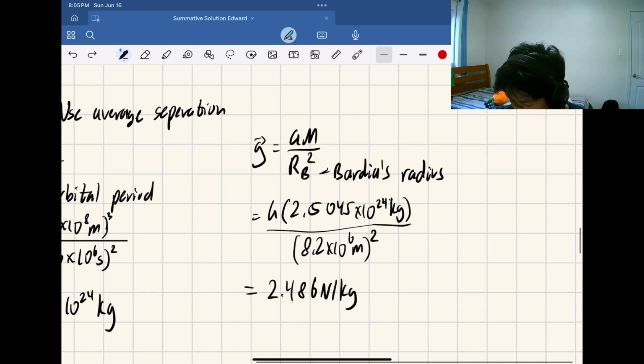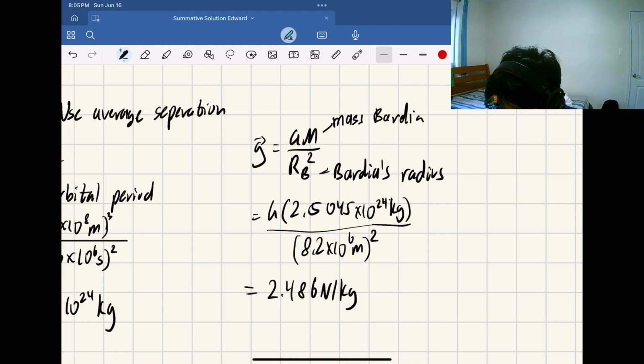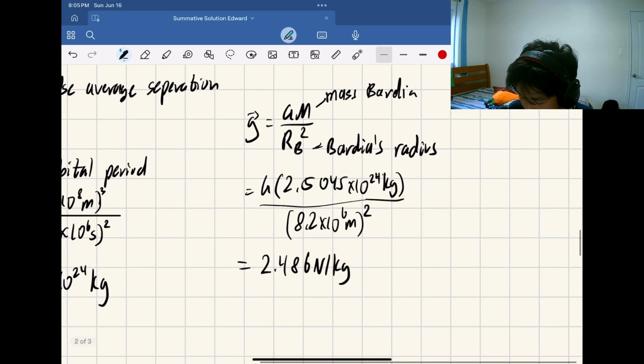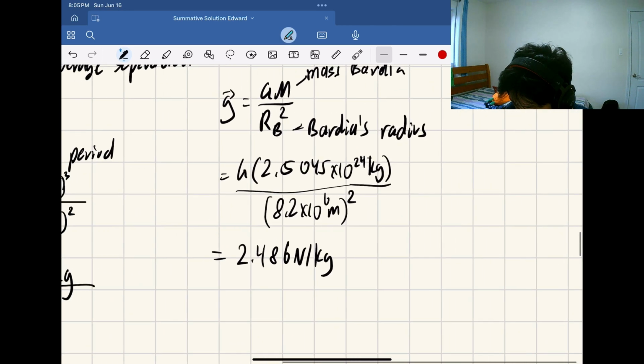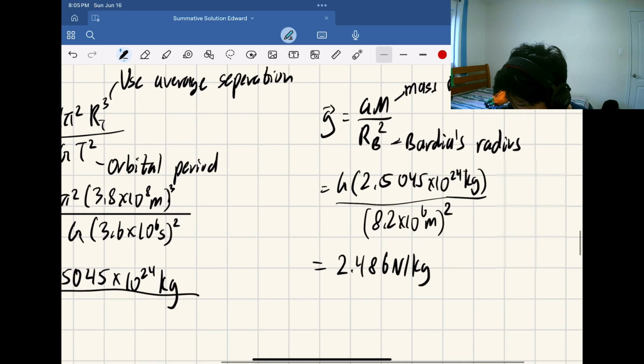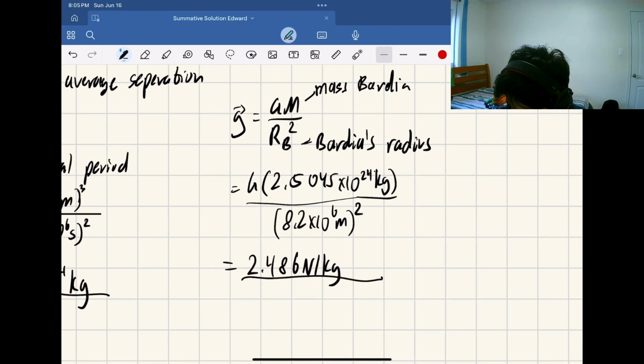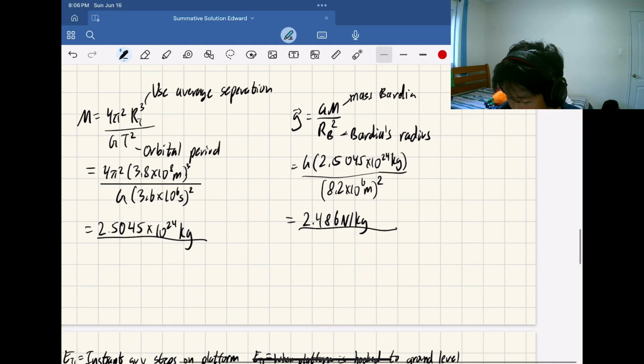And so here we have g is equal to the gravitational constant times the mass of Bardia over Bardia's radius squared. Plug that into your calculator using the mass that we just got and the givens here. We will get that the g value on Bardia is 2.486 newtons per kg.